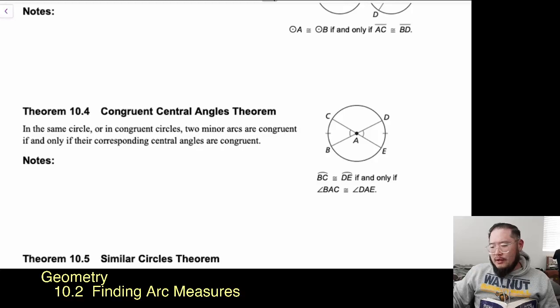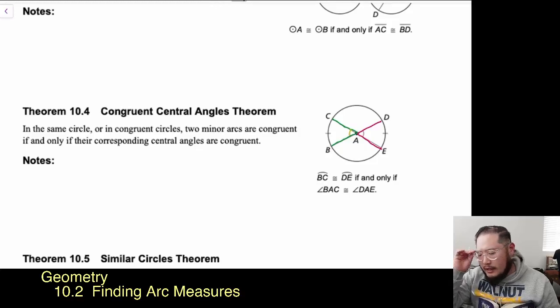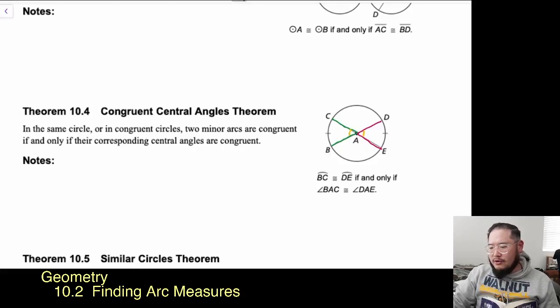All right, so once again, if we take a look, we've got two angles. They're central angles and they are of the same circle. One thing that you can determine is that the arc measures are the same. Well, why is that? Check it out. We've got vertical angles, right? And what they're also saying right here is that the two minor arcs are congruent if and only if their corresponding central angles are congruent.